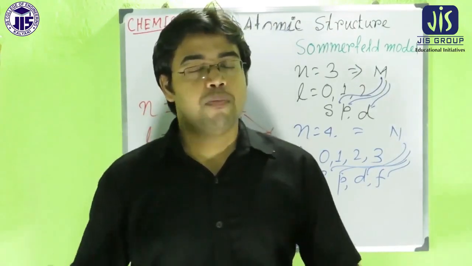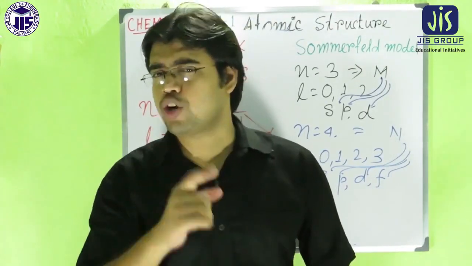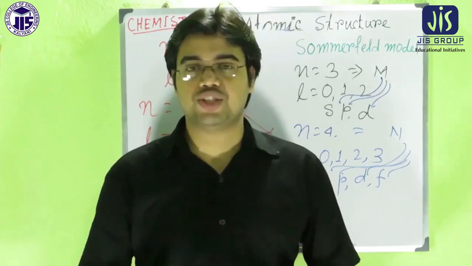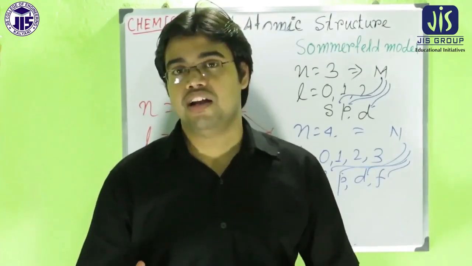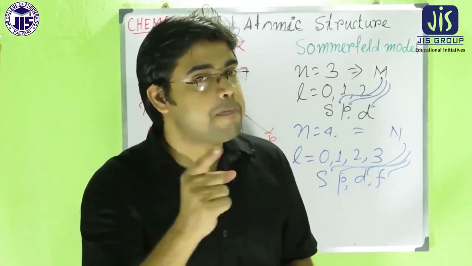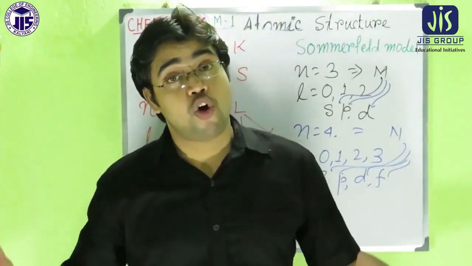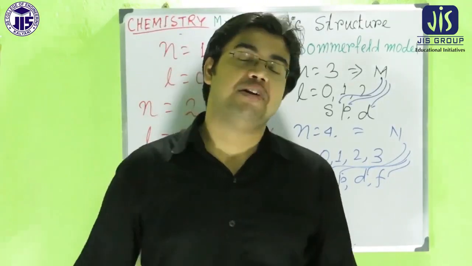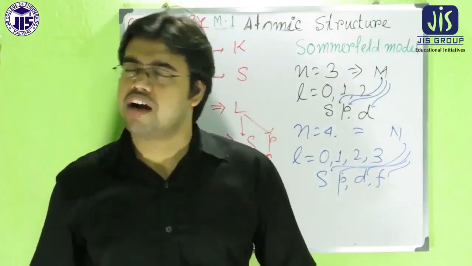So that was also not explained by the Sommerfeld model. As the Sommerfeld model considered the particle nature of the electron, not the wave nature, it is unable to explain the Heisenberg uncertainty principle. So the Sommerfeld model, like Bohr's model, is unable to explain the Heisenberg uncertainty principle.